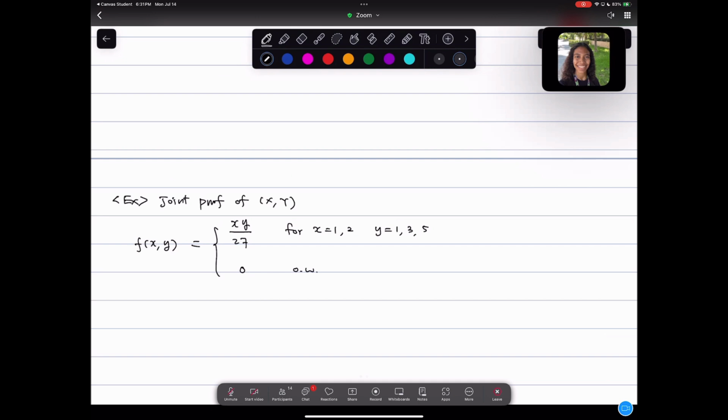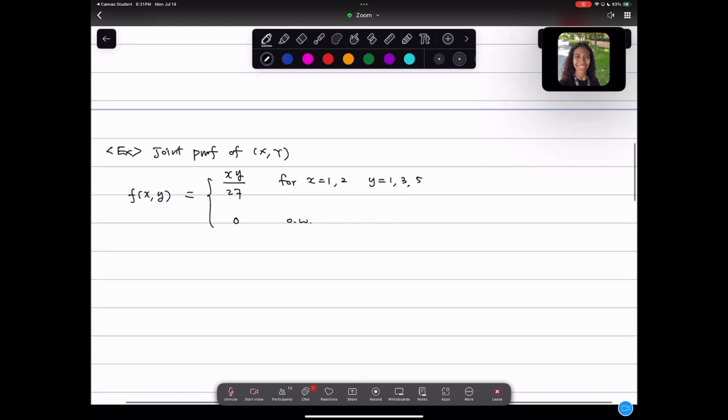So that's my joint PMF, and I want my marginal PMF. So let's find the marginal PMF of the x variable.